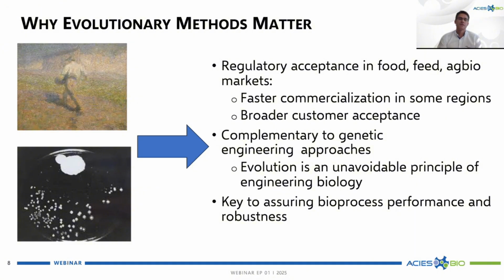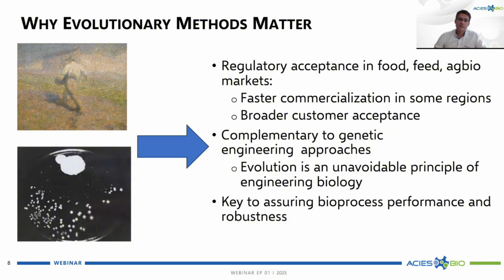So for some markets, for example, in food and agriculture or in environmental applications, people still prefer to use non-GMO development methods, either because they are favored by regulatory agencies or because they're favored by the final customers, and all of us as consumers. And even more importantly, these evolutionary methods are really complementary to genetic engineering approaches, which we all use today in most of our developments in biotechnology.